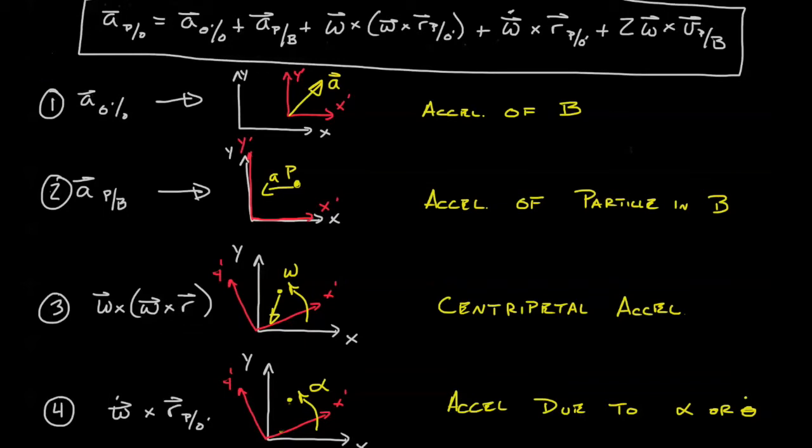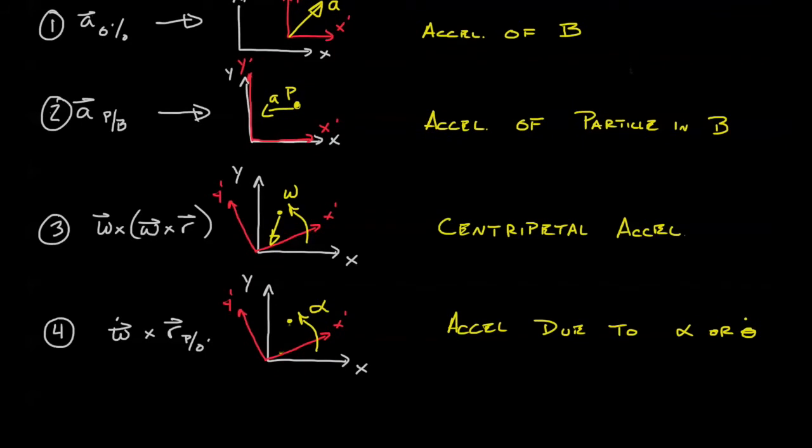Finally, let's look at the fifth term. This should look similar to the Coriolis term in polar coordinates, and in fact that's precisely what it is. In order to understand this term, we'll make this term number 5. We have 2 omega cross velocity of point P with respect to B. Let's go ahead and copy this from here.